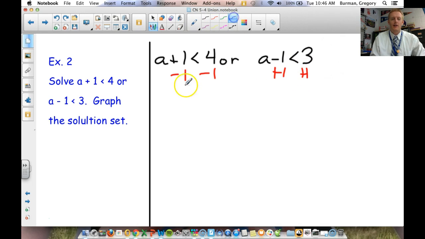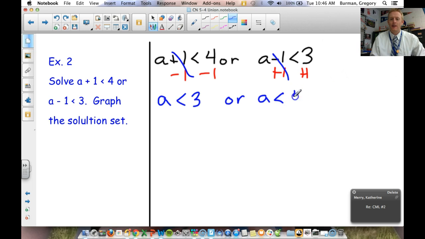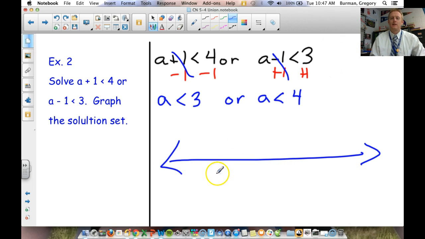And then we go back, get a different color. Those cancel, those cancel. A is less than 3, or a is less than 4. All right, so a is less than 3, a is less than 4.